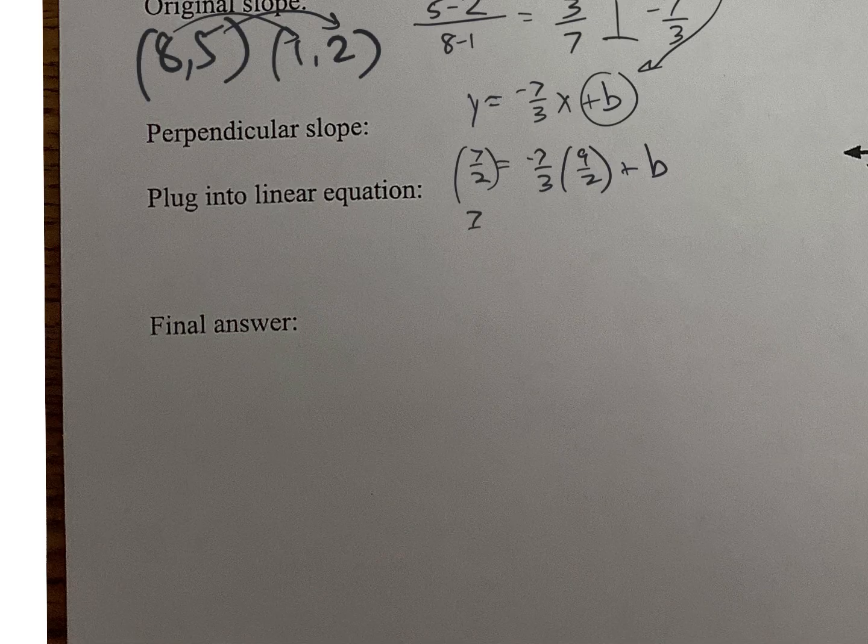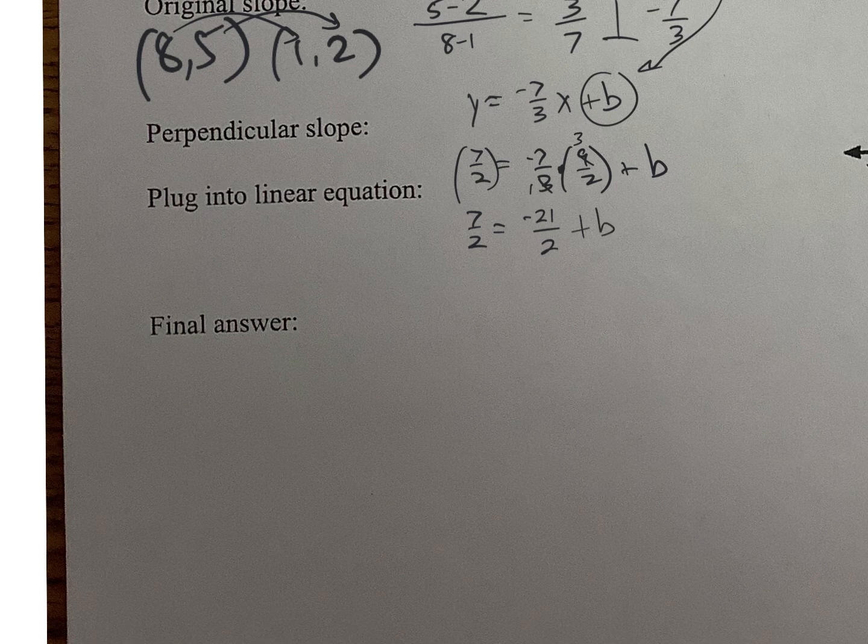So now we have 7 halves equals negative 63 over 6. I'm going to reduce diagonally because it's multiplication. You can reduce diagonally. 3 and 9 reduce by 3. So negative 7 times 3 is negative 21. 1 times 2 is 2.